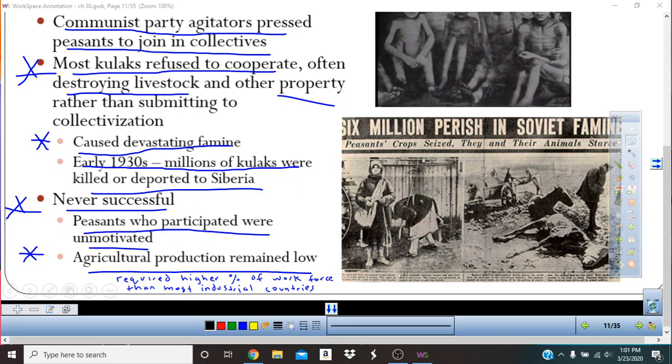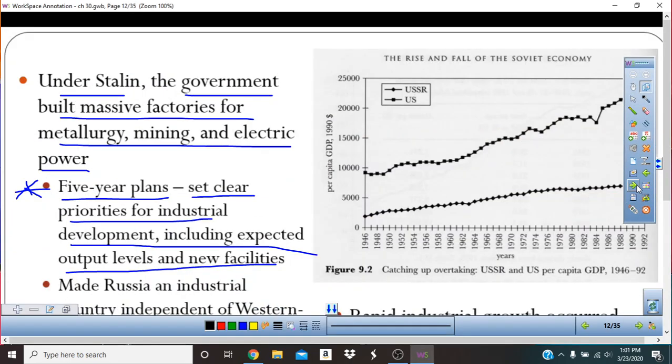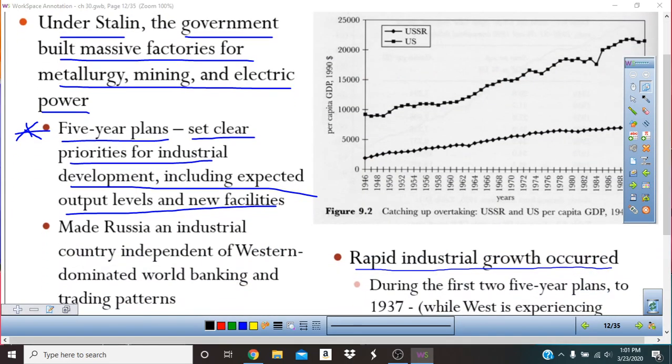And if you could imagine, if farmers across the United States today started just destroying their farms, we're going to run out of food. And so it's going to create a devastating famine. 6 million people will perish as a result of this situation. Collectivization of agriculture. Another thing you should know is that every communist, starting with Stalin, had something called 5-year plans.